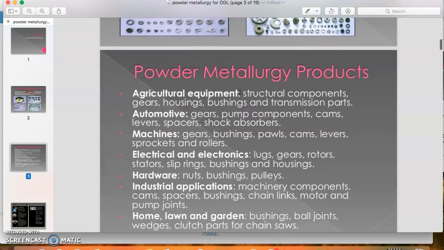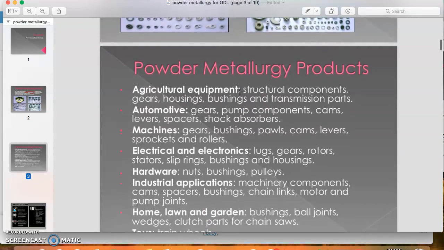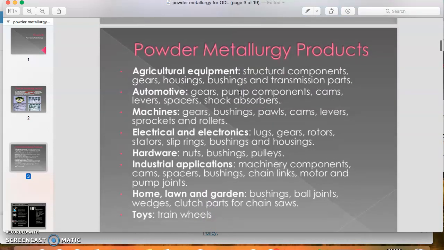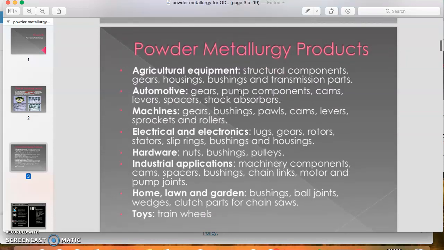Examples of powder metallurgy products are used in many applications: in agricultural equipment, gears, housing, bushing, and transmission parts. For automotive industries, it is used for products such as gear, pump components, cam, lever, spacer, and shock absorber.